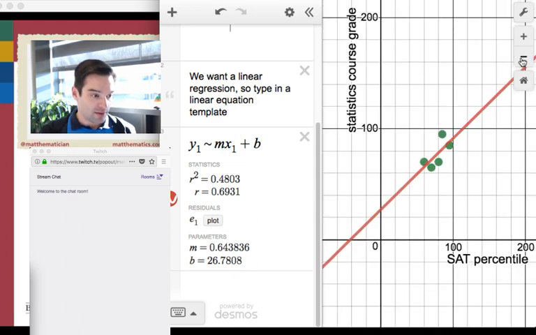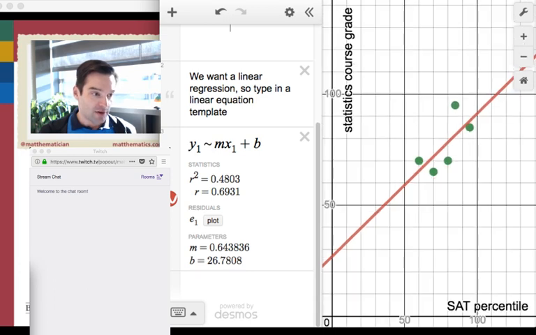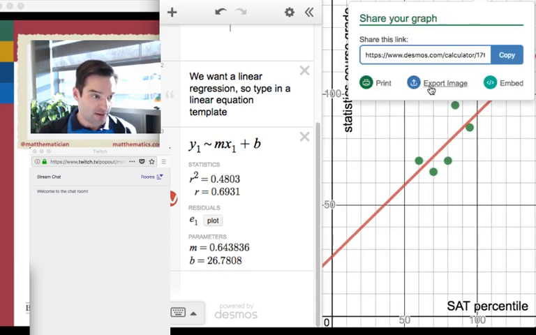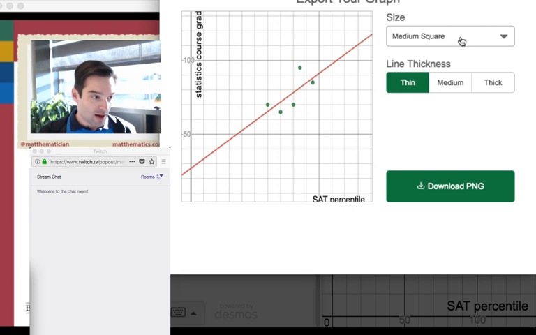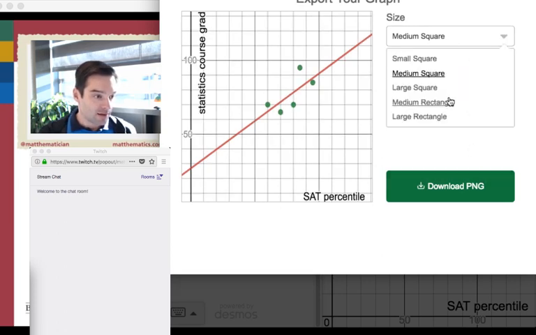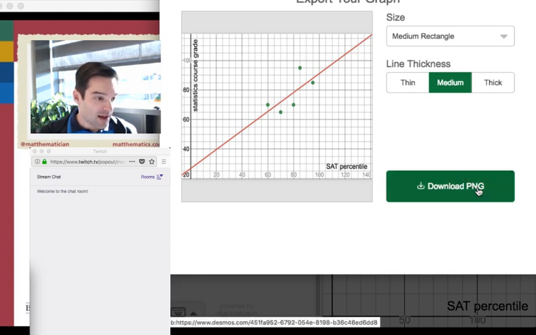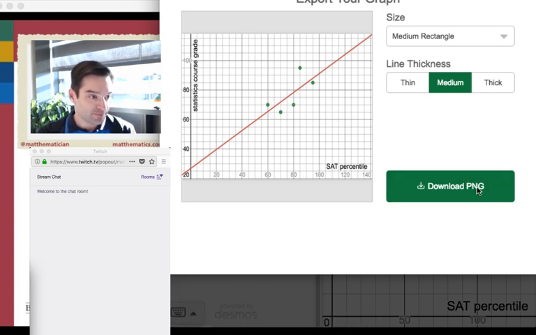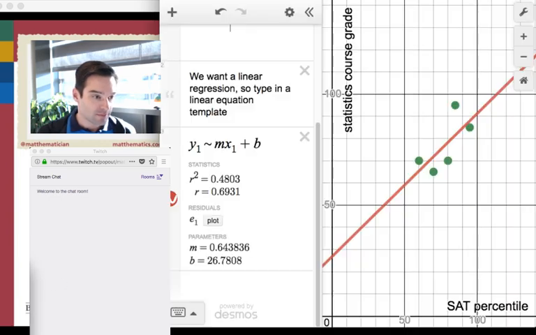Let me take a quick moment here and just export a copy of this graph, just so that we can have it on our whiteboard here in a minute. Okay.